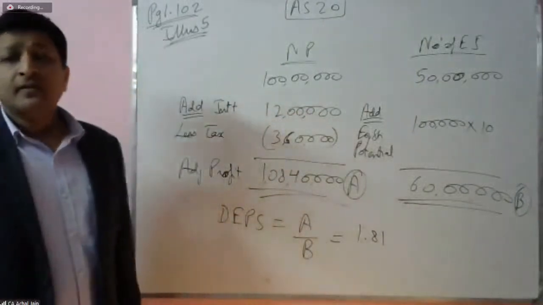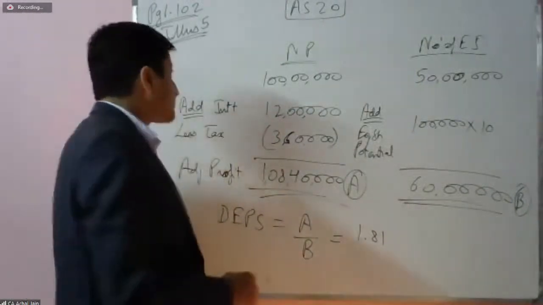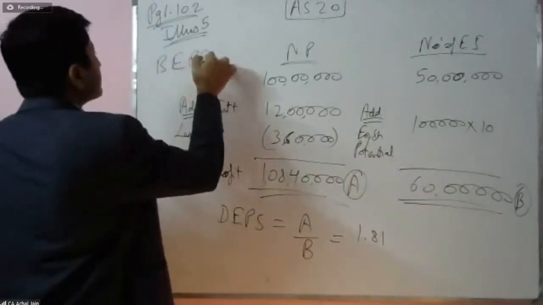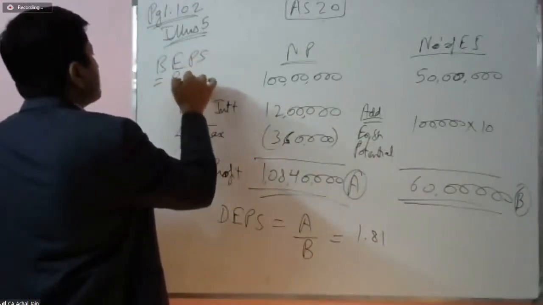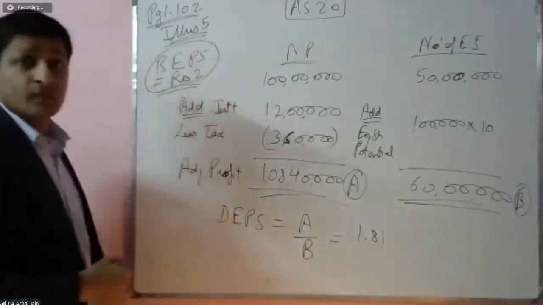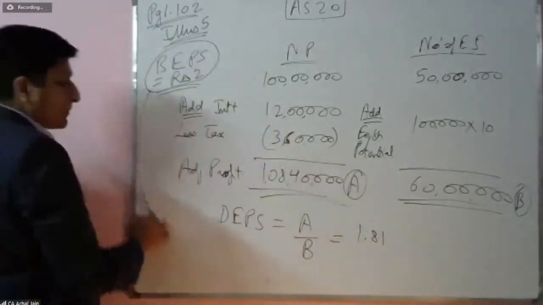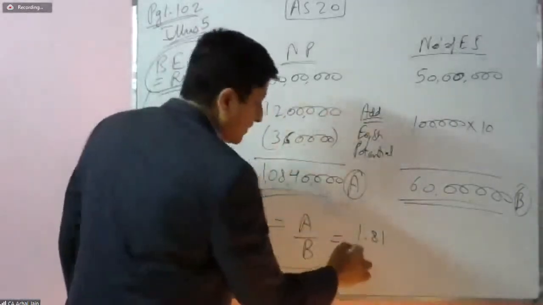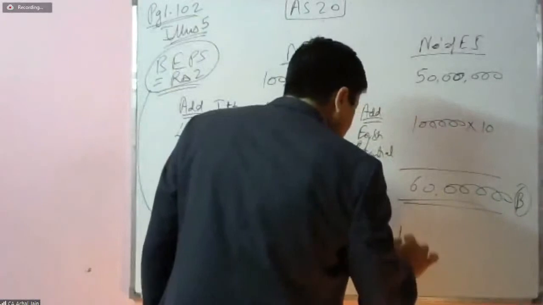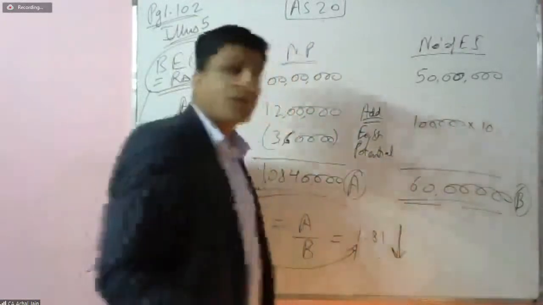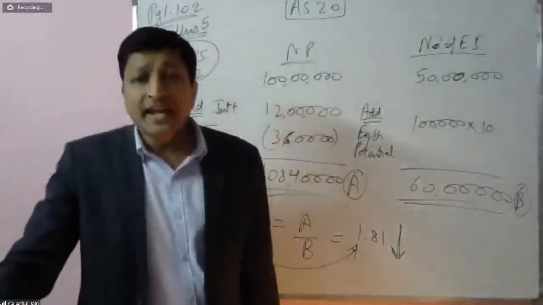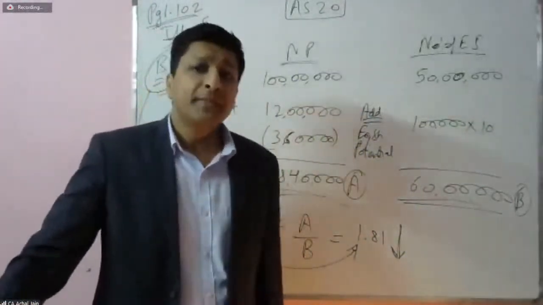In the question, basic earning per share is also given. Basic earning per share was ₹2. Now let's compare this to the basic earning per share. If we compare, what do we find? That this has gone down. In case this has gone down, what does it mean?